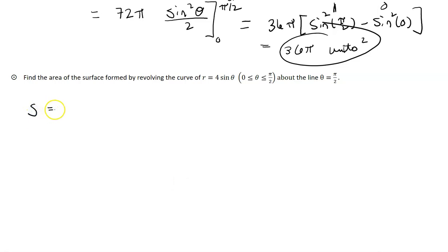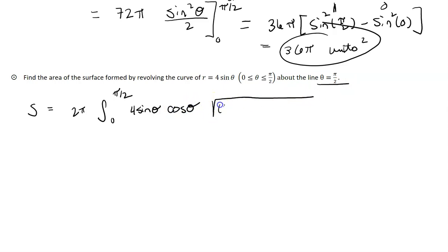I know that S, and this is a capital S, is equal to 2 pi times the integral from 0 to pi over 2 of r, which is 4 sine theta, and then cosine theta, because of the thing that we're revolving around, the square root of r squared, which is 4 sine theta, plus dr over d theta, the derivative of that, which is 4 cosine of theta squared d theta.